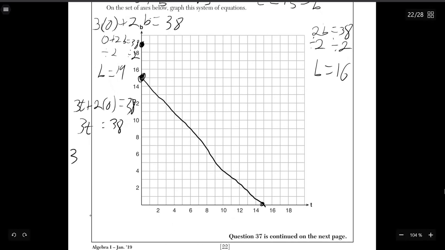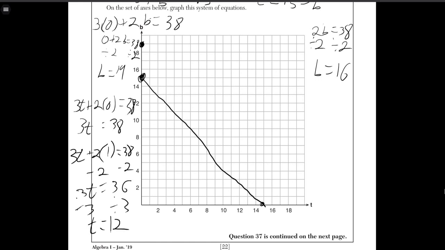So 3t plus 2 times 1 equals 38. We subtract 2 from each side, and we get 3t equals 36. Divide each side by 3, and we get t equals 12. So when there is one bike, there can be 12 tricycles.